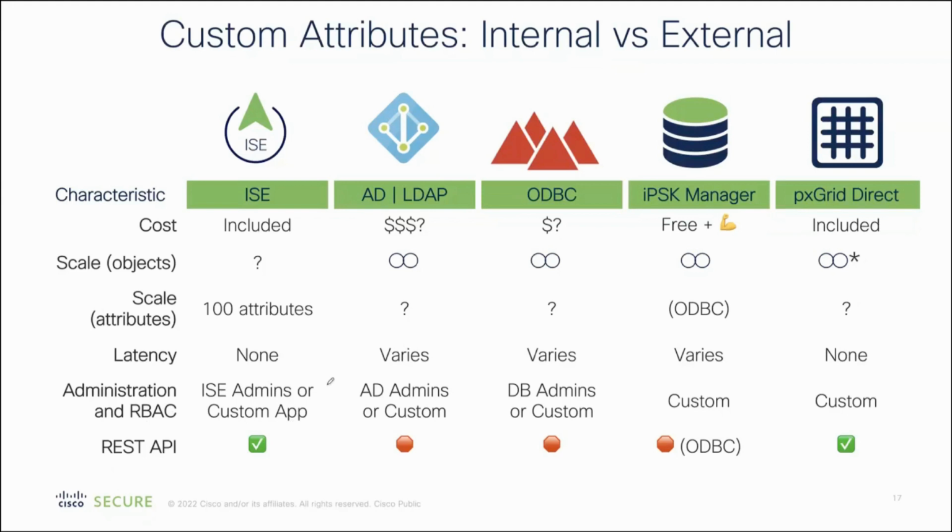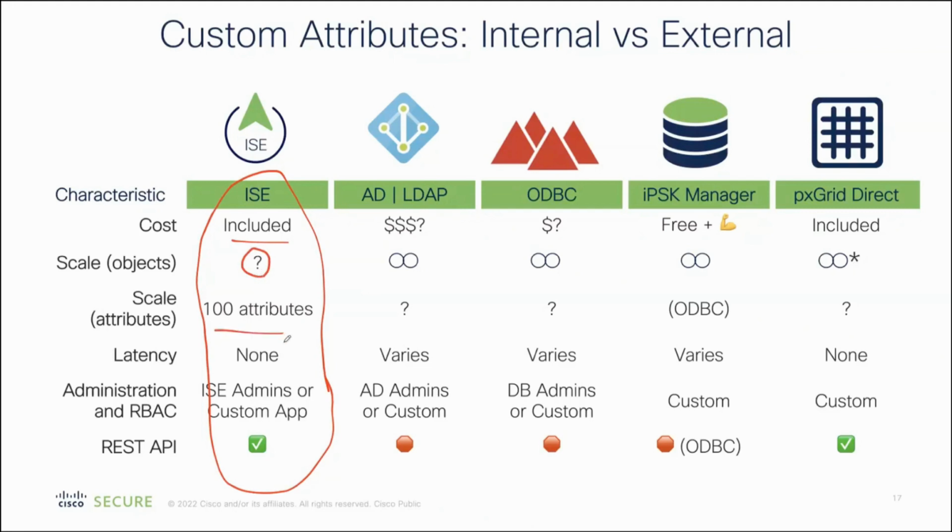So we've been talking about custom attributes in ICE, right? And that's what this is right here. So obviously it's free, it's included. You don't need to talk to anybody else because you're the ICE administrator. You can do whatever you want with it. I haven't really seen what the maximum number of objects is. At some point, all of these things have to get replicated out to ICE, and it's going to take up memory and things like that.